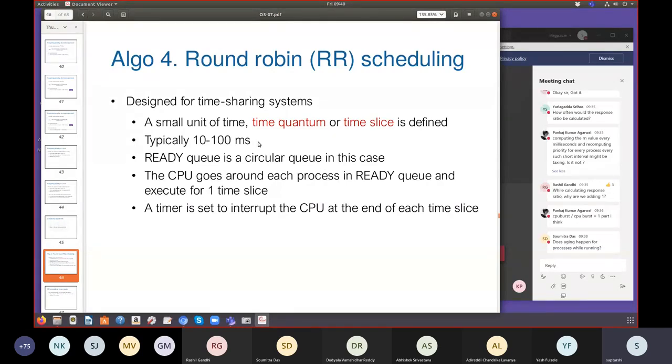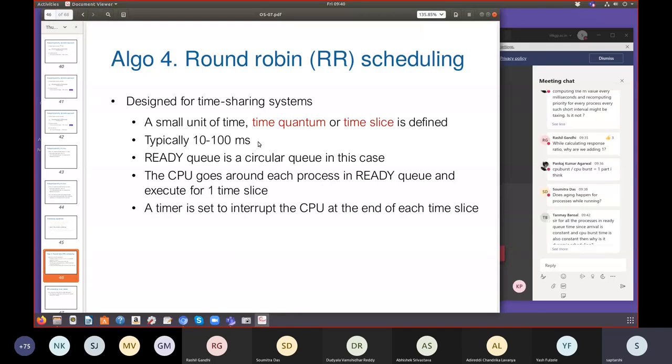Typically, it's say 10 to 100 milliseconds. The ready queue here is maintained as a circular queue. The CPU goes around each process in the ready queue and executes it for one time slice. And the timer is set to interrupt the CPU at the end of each time slice.